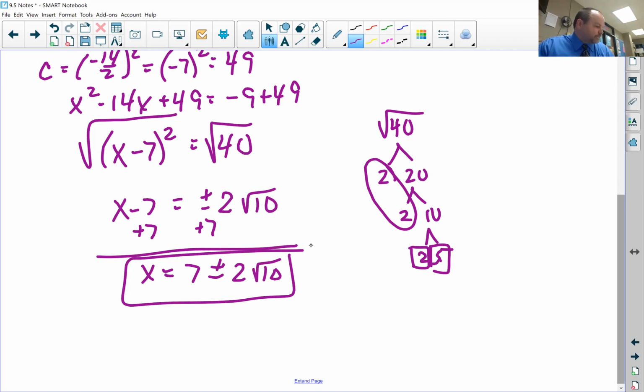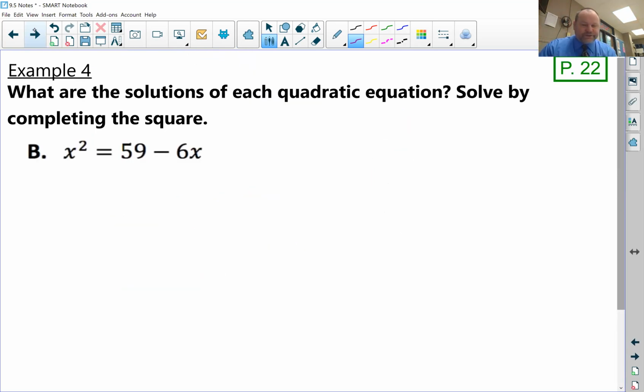All right. Another form that the equation could take, we could have the x squared by itself. This is actually, I think, easier than the previous example. To get the x squared and the x together, here I'm just going to add 6x.